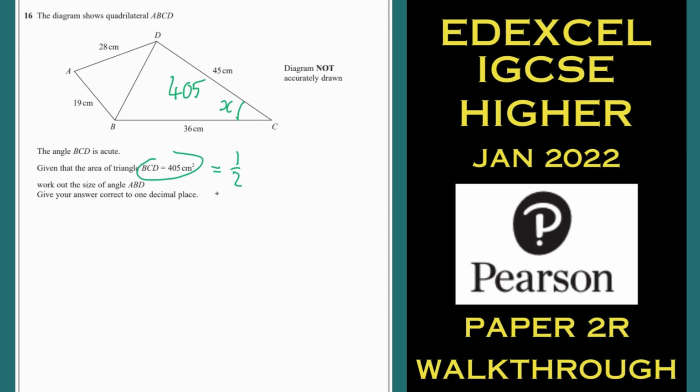So we'll set that equal to a half times the 36, the 45, and the sine of the angle between them. If you work all that out and then do 405 divided by it, by some fluke, you end up with 0.5. In other words, the angle is 30 degrees.